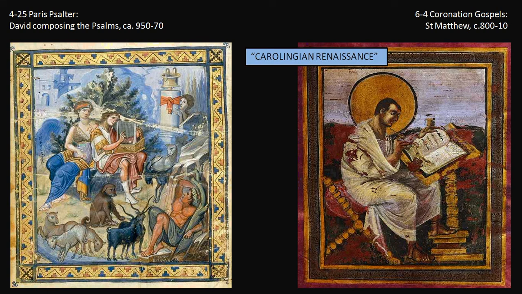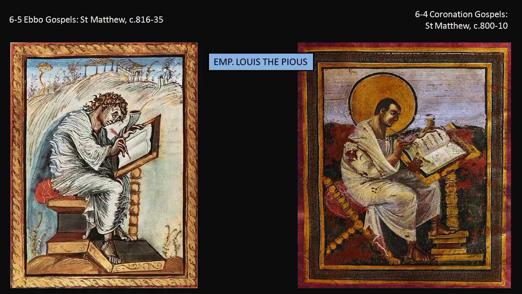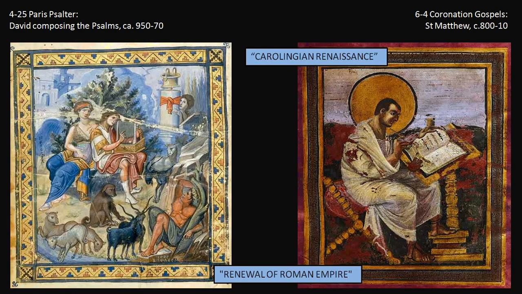Right? It too evokes Rome. So that's another Renaissance, if you will. We talked about that as being the Macedonian Renaissance, right? This is now the Carolingian Renaissance. Same idea of returning to ancient Rome, but for very different purposes.